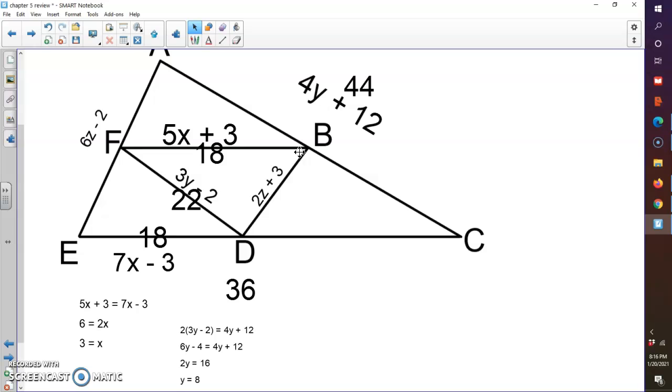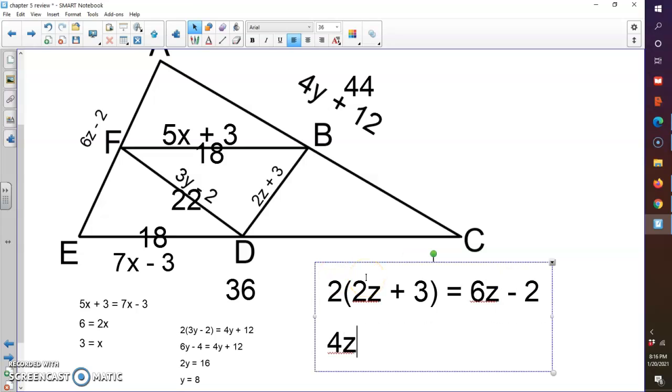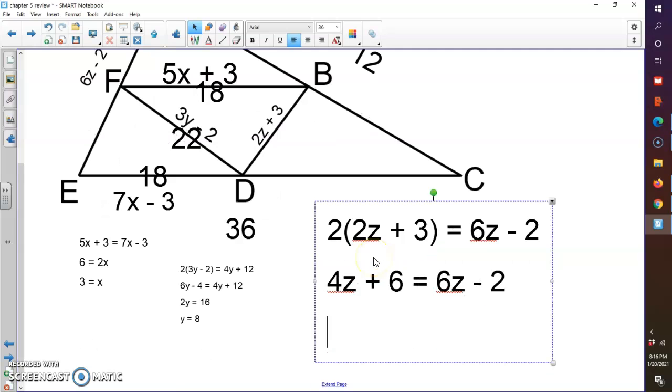Finally, for the z, it's the same deal. The 6z minus 2 is twice the DB, the 2z plus 3. So I am going to double 2z plus 3 and set that equal to 6z minus 2. We're going to get 4z plus 6 equals 6z minus 2.